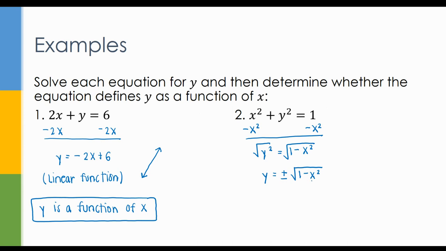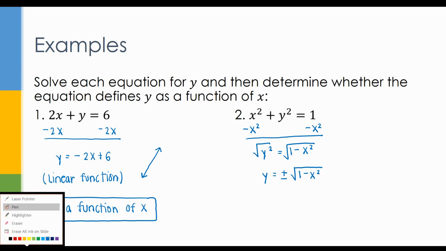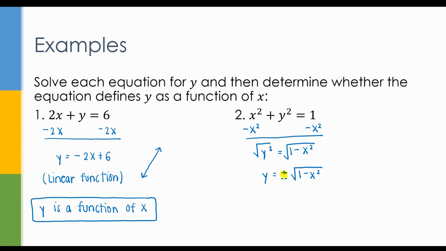So hopefully we notice here that if I was to start plugging in numbers for x, because there's this plus or minus sign thrown outside of it, it doesn't matter what value I get that square root to be, I'm going to have two solutions. So it's telling us that the moment I plug in one number for x, I get more than one value for y. So because of that, y is not a function of x.